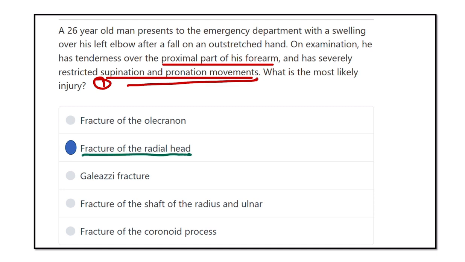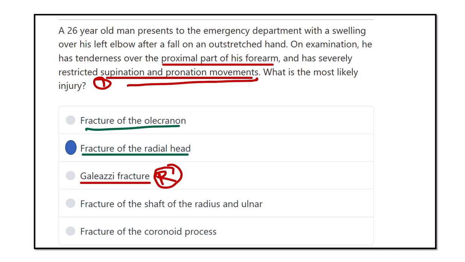The other options here, such as fracture of the olecranon: the olecranon is a part of the ulna, and ulnar movement is usually not supination and pronation. So it is not correct. The Galeazzi fracture is a fracture of the radius with joint involvement, which is distal radioulnar joint disruption, but here there is no such injury.